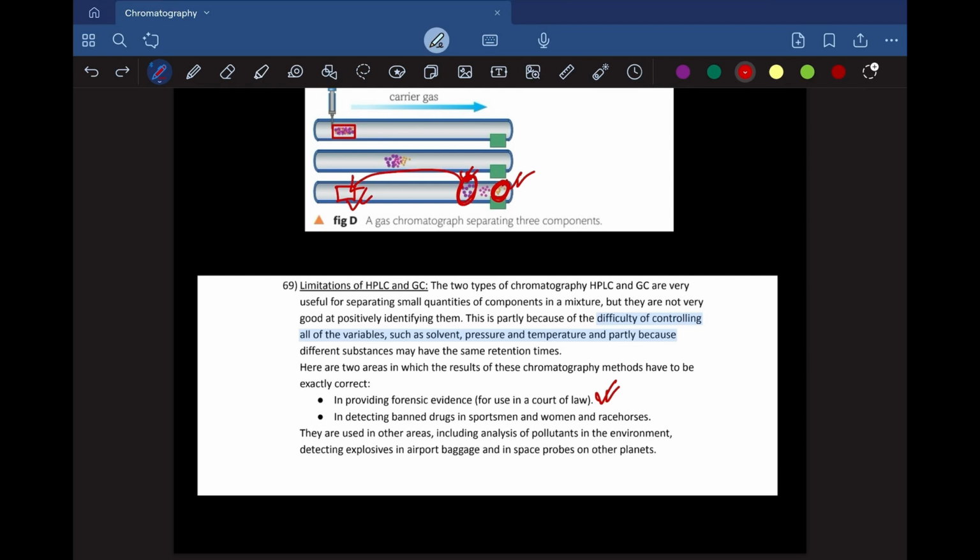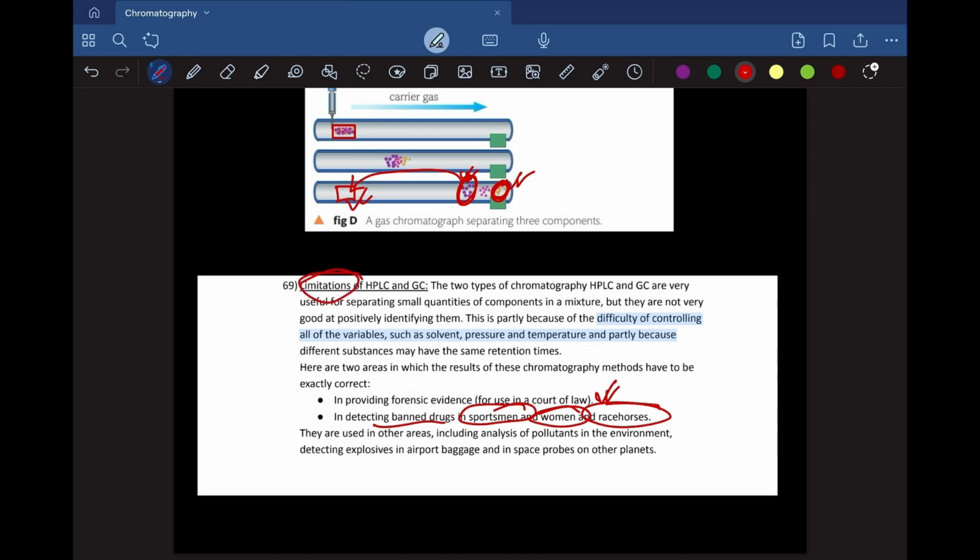They are also used in detecting banned drugs in sportsmen, whether a sportsman has doped or taken, let's say, a testosterone booster or supplement, and also for women, and for race horses as well.